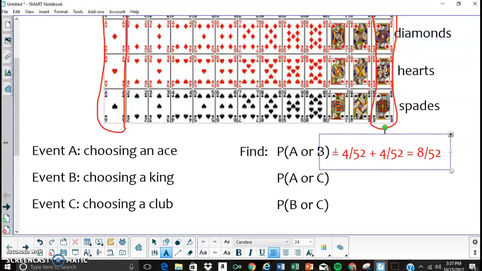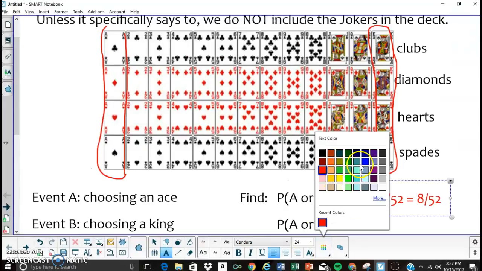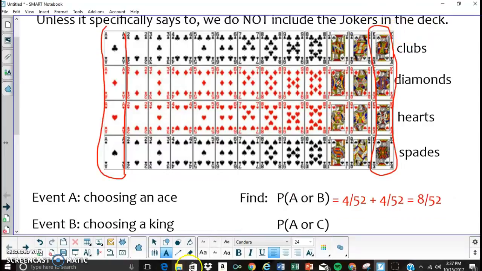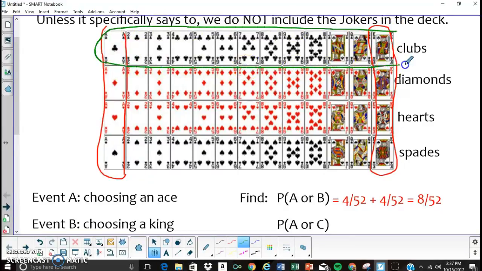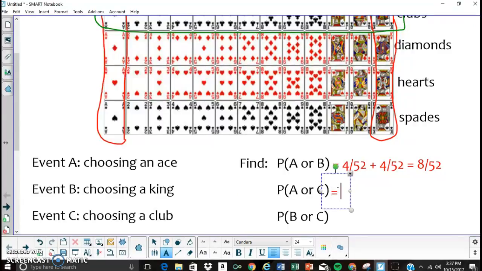The other issue that we come up with is here with the clubs. The clubs that we've got here is this set way up here. So if I want either an ace or a club, that gets a little bit different. What I have now is 4 out of 52, but here I've got 13 cards that are clubs.